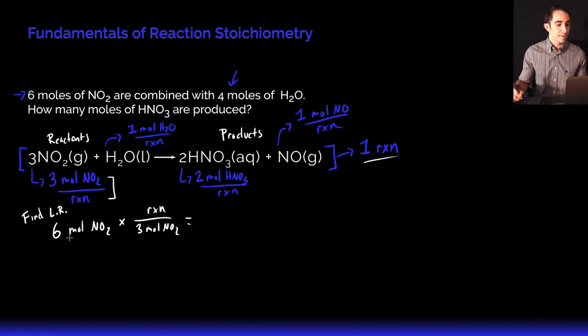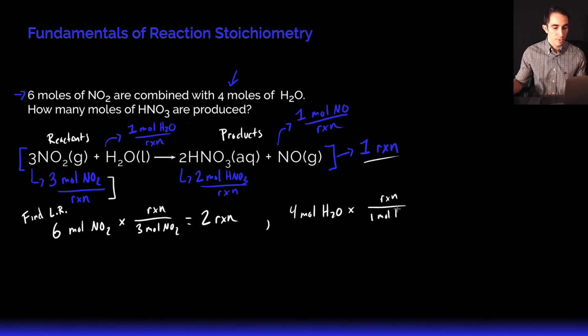So that means with my 6 moles of NO2, I can run 2 reactions. So what about that water? Well, I have 4 moles of water. And then for every reaction, it's going to take me 1 mole of water.